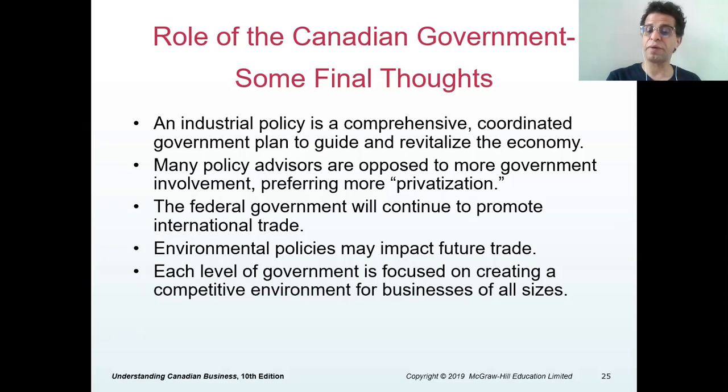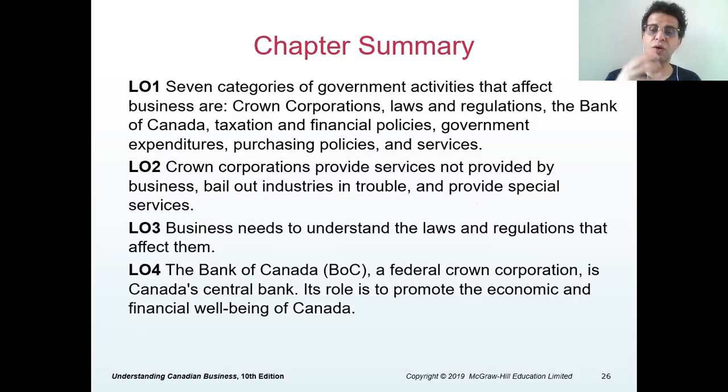And each level of government is focused on creating a competitive environment for businesses of all sizes, by the way. So in summary, we said there are 7 categories of government activities that affect business: Crown corporations, law and regulation, the Bank of Canada, taxation and financial policies, government expenditure, plus purchasing policies and services.